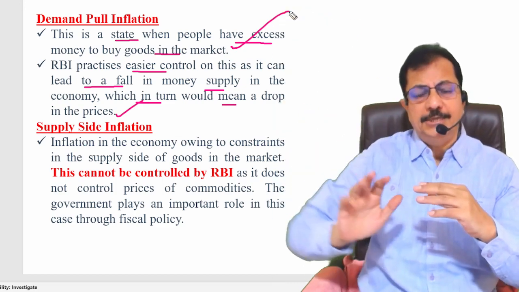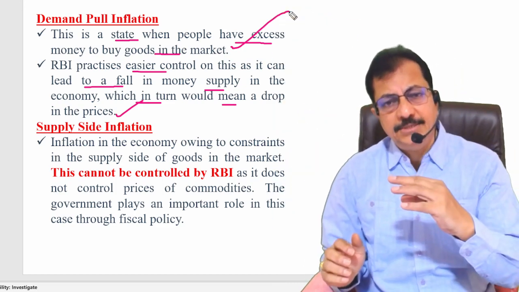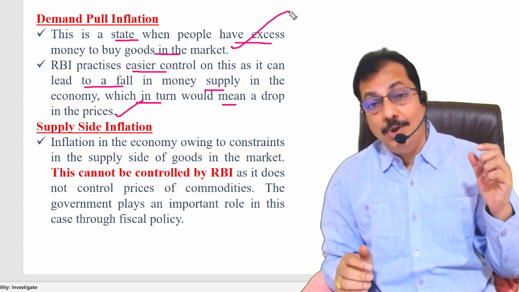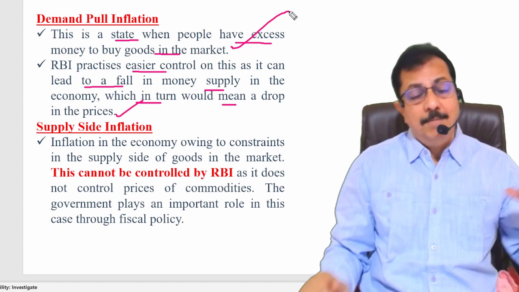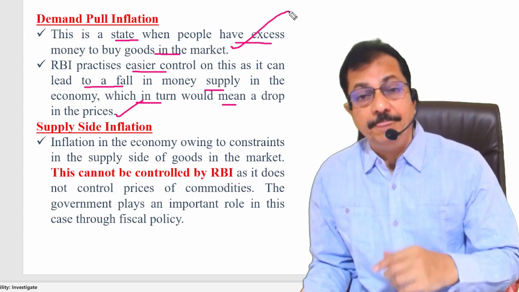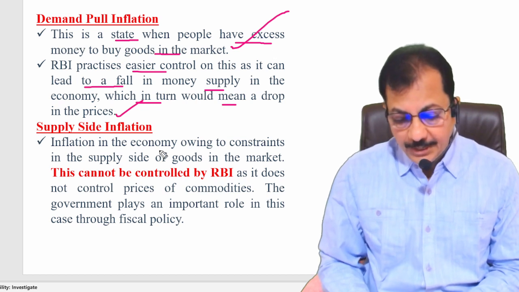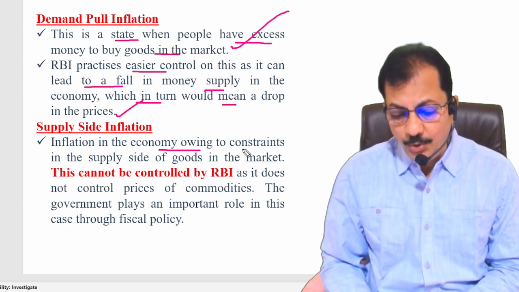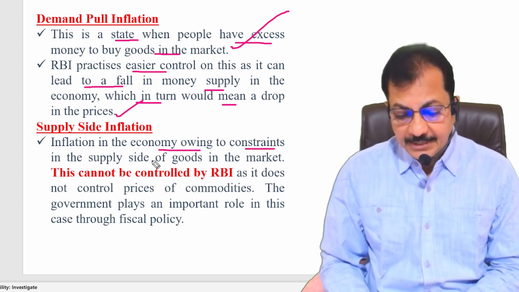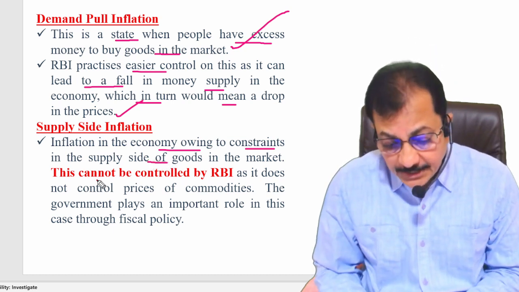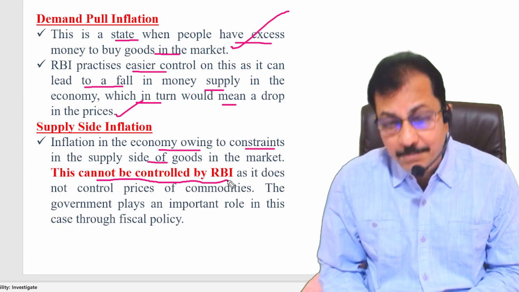No, that is not the case. Because the supply is less, the supply is pushing the inflation. It is not demand pulling the inflation, but supply pushing the inflation. Then government will step in. Look at this. Inflation in the economy owing to constraints in the supply side of the goods in the market cannot be controlled by the RBI.